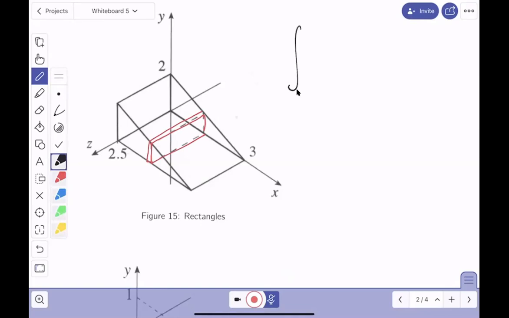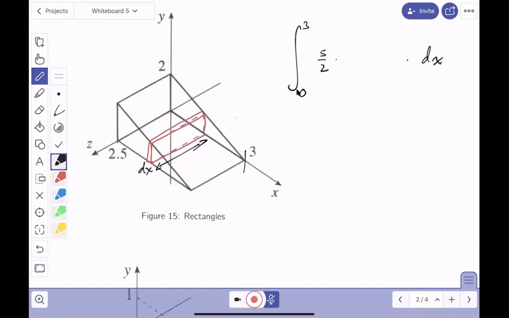So the integration, from looking at it, appears to start at 0 and end at 3. And this is along the x-axis, dx. All right, so I got the dx part down. The next thing I want to do is get this dimension over here. And this dimension is 2.5, which is 5/2. And again, I'm getting the box.